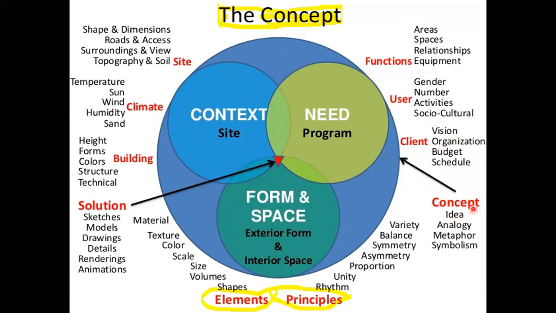So a concept could be an idea or an analogy. Really, we say that analogy refers to my building looking similar to a fish, or my son's bravery is similar to a lion.